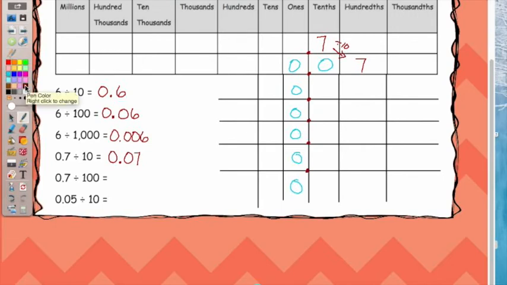It says 7/10 divided by 100. So 7/10. Put a 7 in the tens place. And if I divide by 100, how many place values do I move? 2. So it's going to go here.